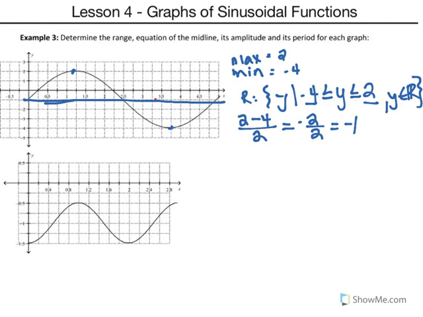And our period length would be from where it starts and touches the midline till where it ends on the midline. So you go to the maximum, midline, minimum, midline. This is our ending point. And it looks like it crosses here at about 5.